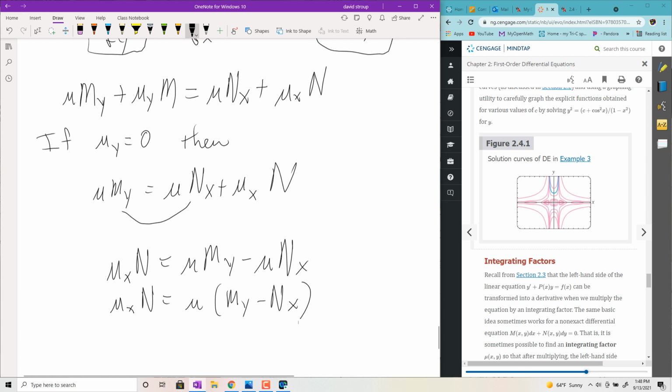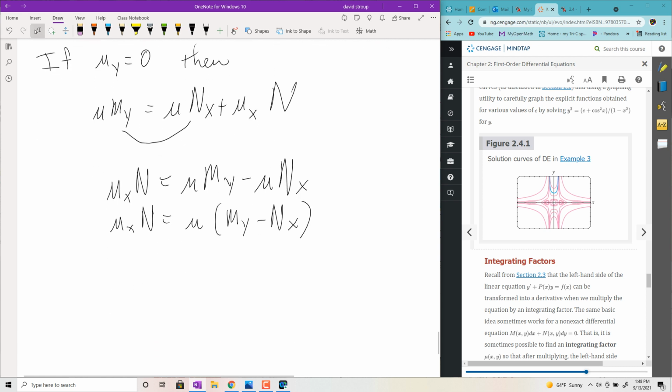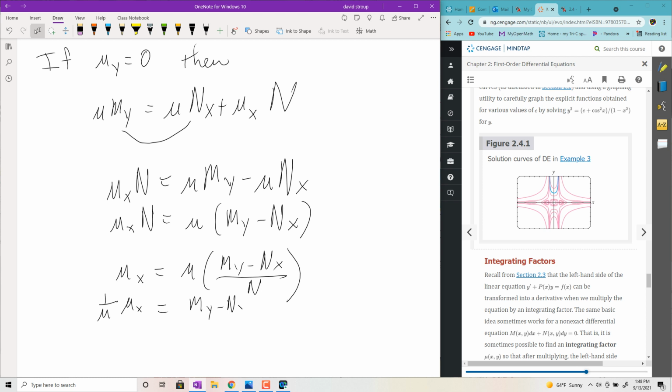And then you could integrate both sides with respect to x. I want to move the n over first. Okay, so I'm basically separating, right? So m sub y minus n sub x all over n. I'm going to move the mu over too. So mu with respect to x, 1 all over mu equals m sub y minus n sub x all over n. And then integrate both sides with respect to x.